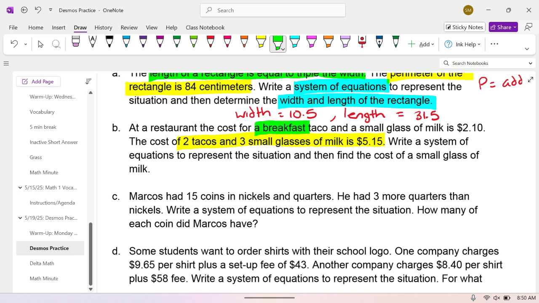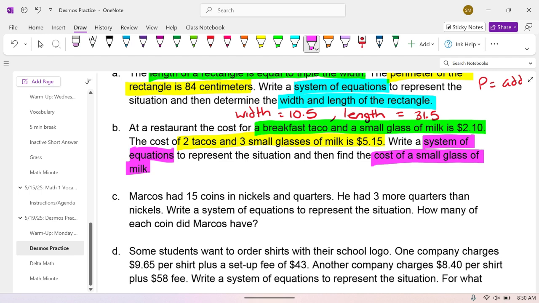Right, a singular taco and a small glass of milk is $2.10. So those are our given pieces of information. Now let's look at our required. What are they asking us to find? The cost of a small glass of milk, and they also want a system of equations.